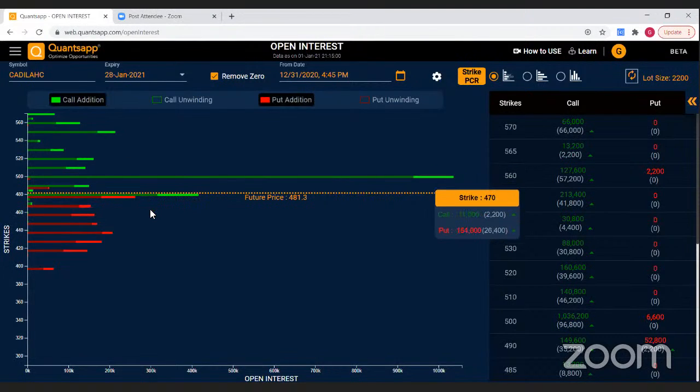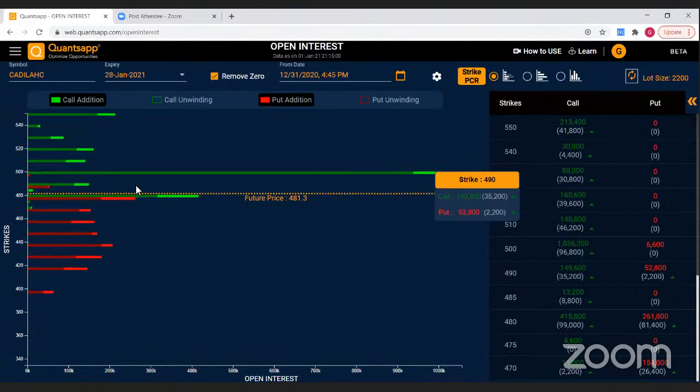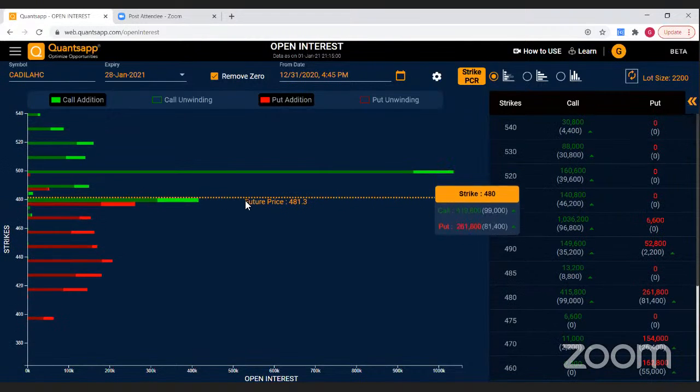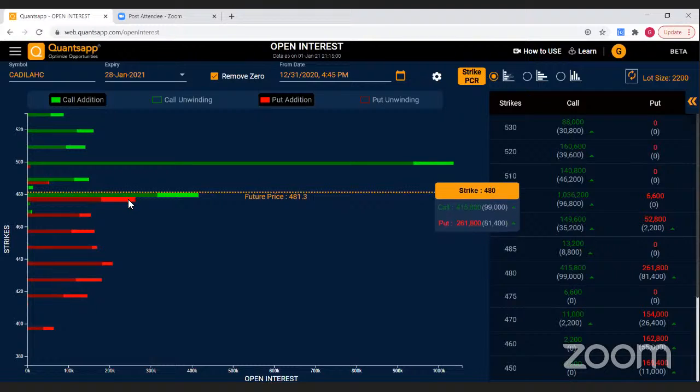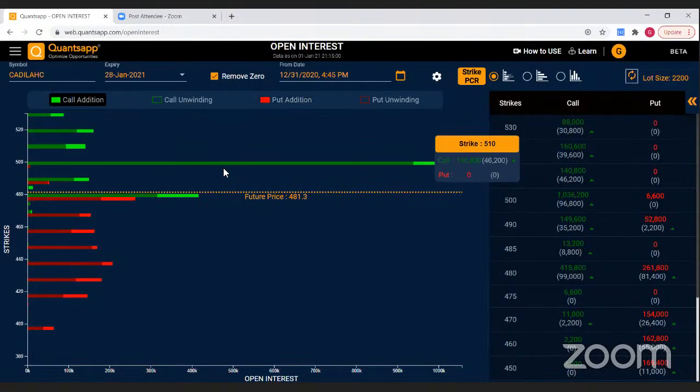We are looking in terms of the highest put, where the highest put is. If I come here, for Cadila the future price is 480, 481, and the highest put is also at 480, which means your level of highest put is just below your future price. Now I can see there's a huge increase in the put option as well as in the call option.